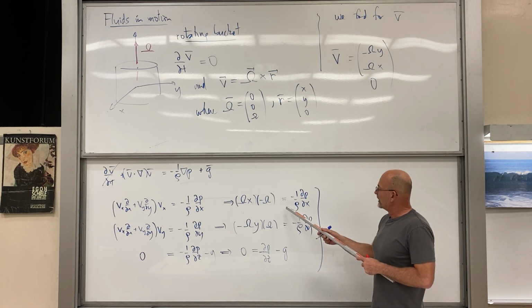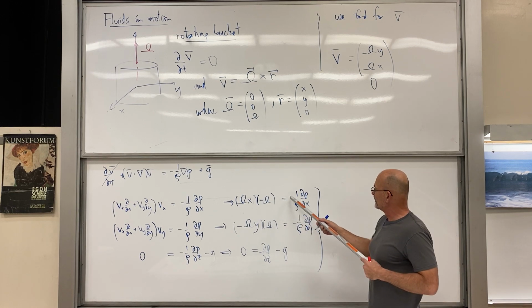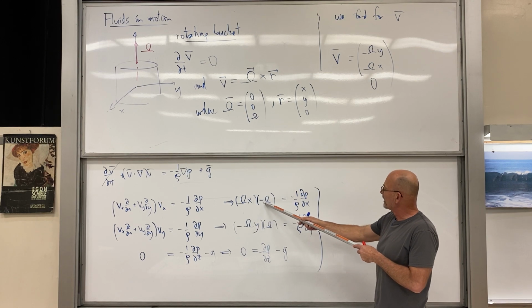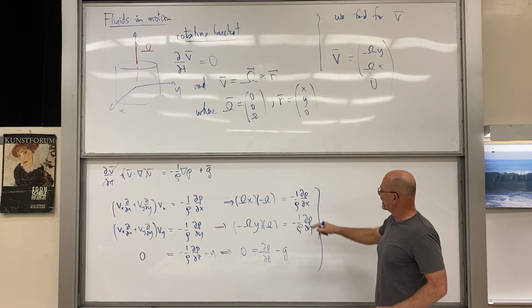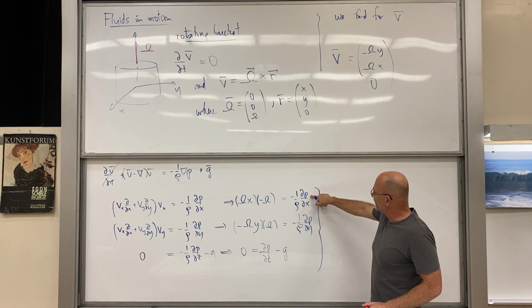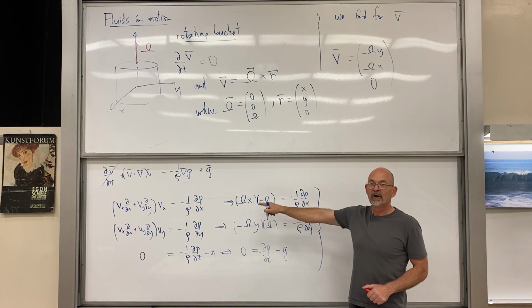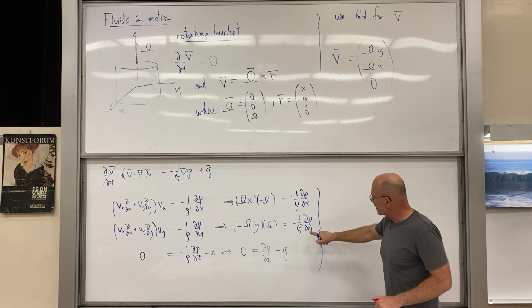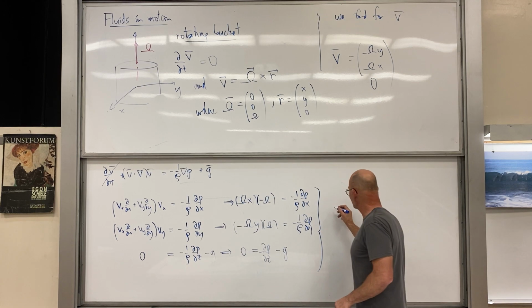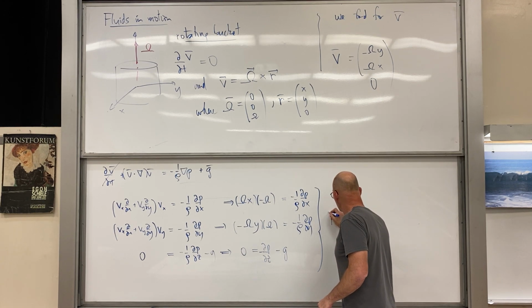Okay, so this is going to be, minus signs cancel, omega squared x. So we have rho omega squared x is the derivative, so we're going to have rho omega squared x squared over 2. Here we're going to have the same thing in y. Okay. So here's what we can get for the pressure.